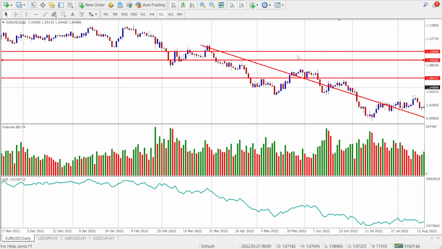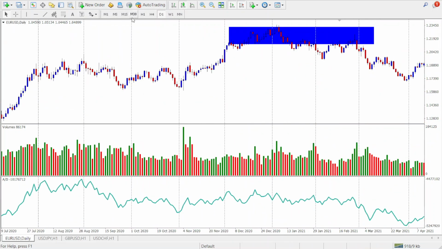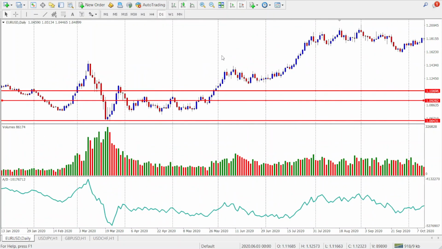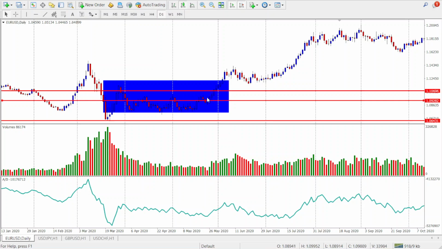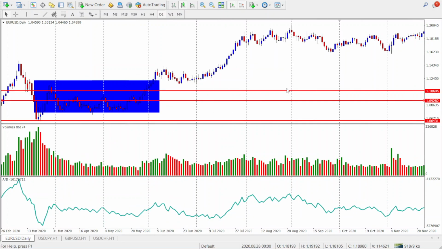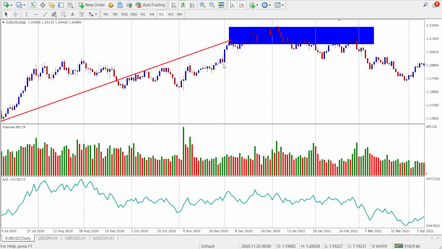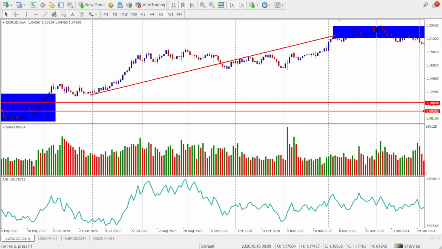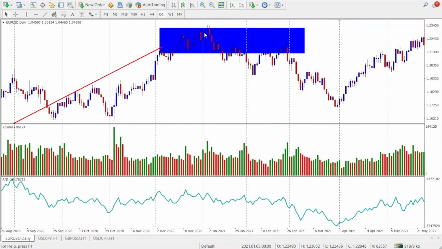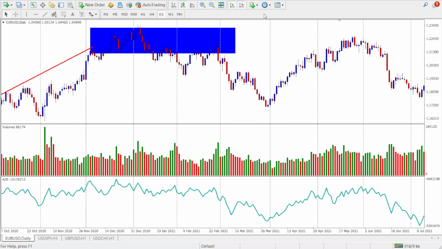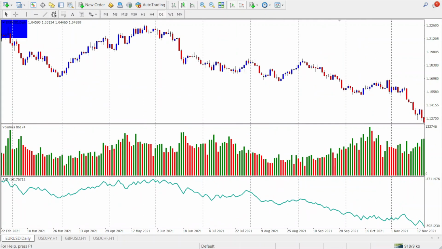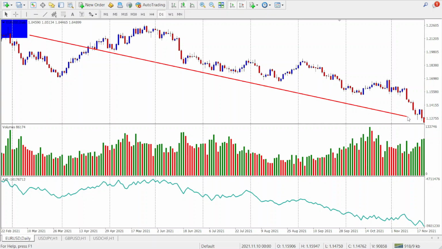This was a good example for accumulation, but this seems to be an even better example for both accumulation and distribution, because you can see we had an accumulation phase around here, a breakout, a retest, and the price just zoomed up to this point. And then when distribution was about to happen, we had a consolidation again before the price started to drop.